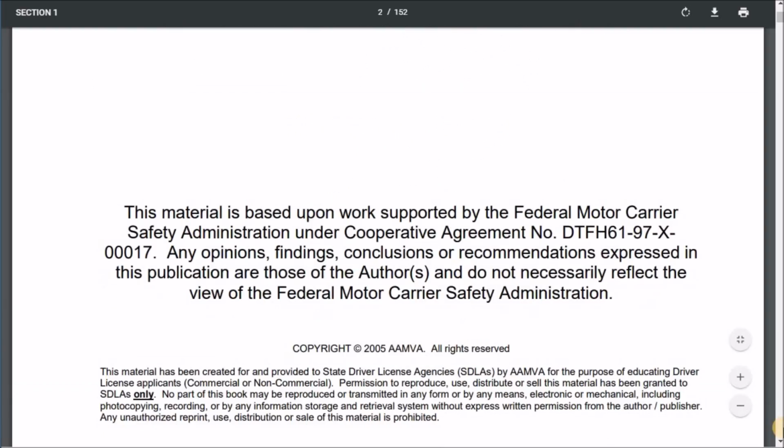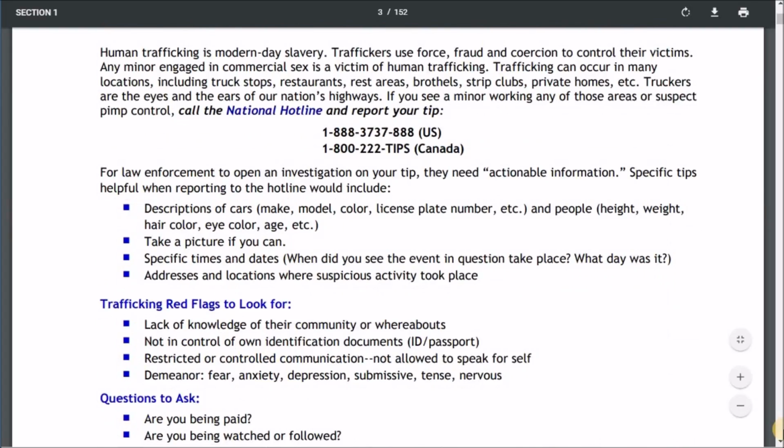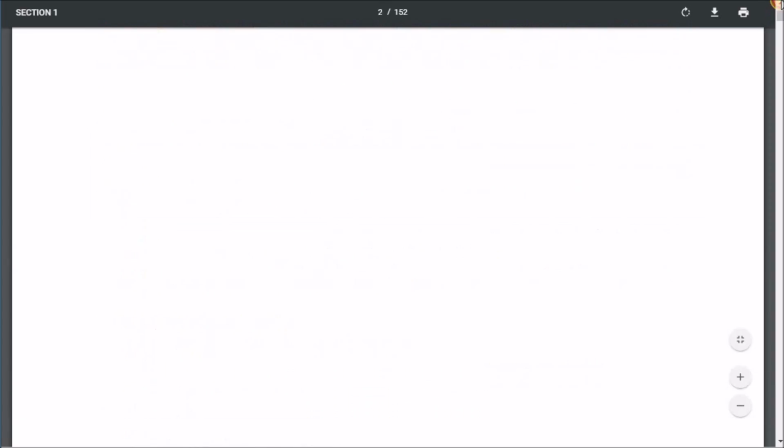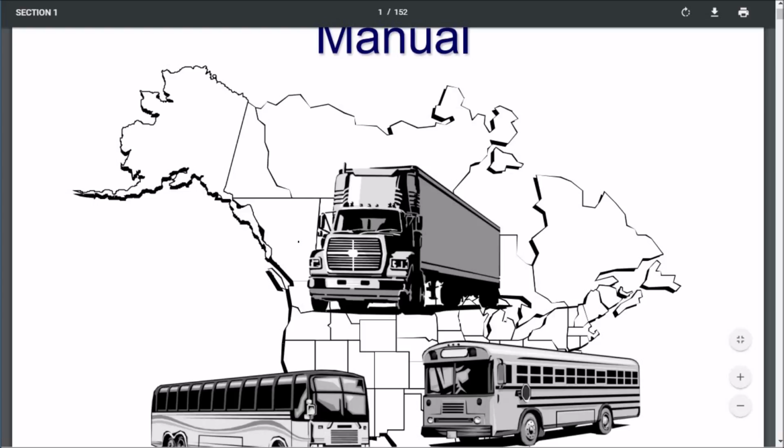So I know I haven't put out a read-along study guide for Section 2 and 3. That's in the works. I'm working on it. I'll get that out soon. But I would suggest once you have read the material, go back and review those questions.